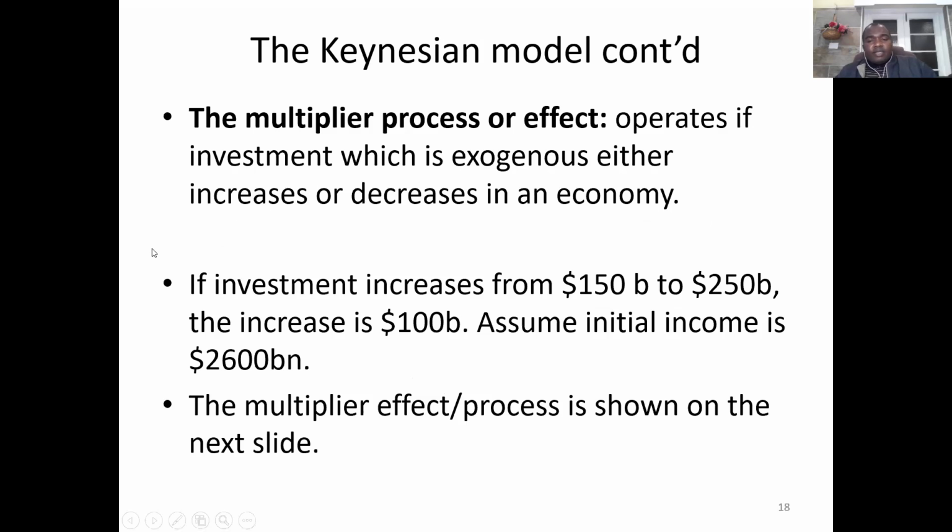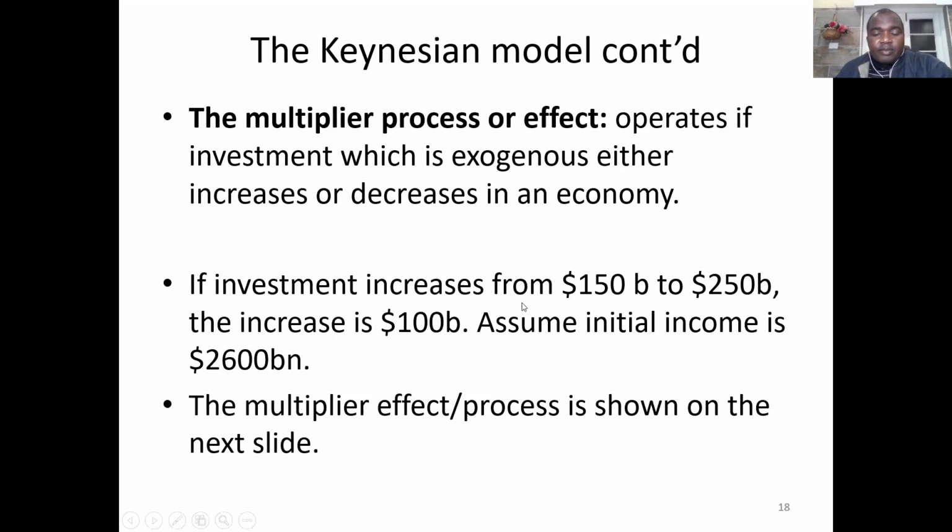We want to examine the multiplier process or effect and how it operates. It operates if investment, which is exogenous, either increases or decreases in an economy, and thus affects national income.